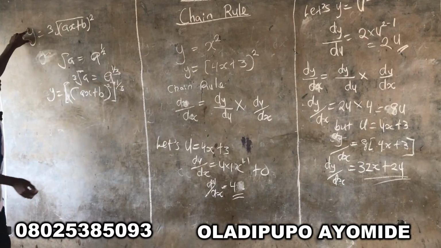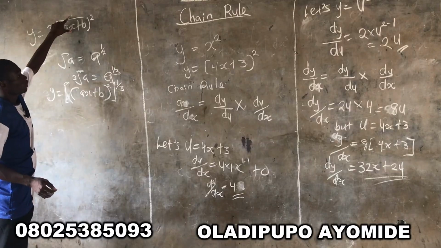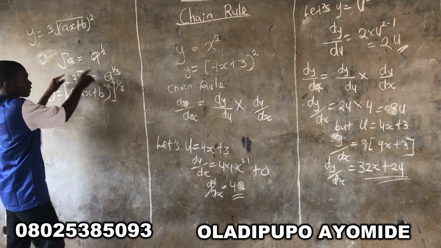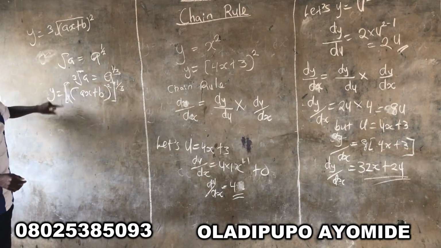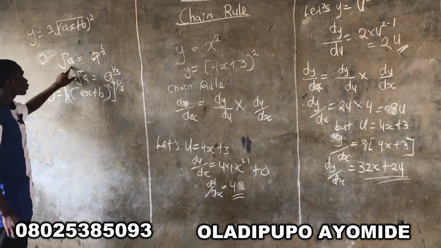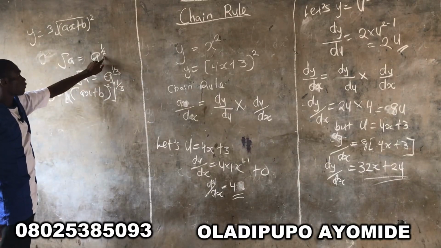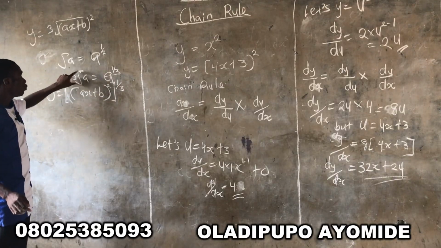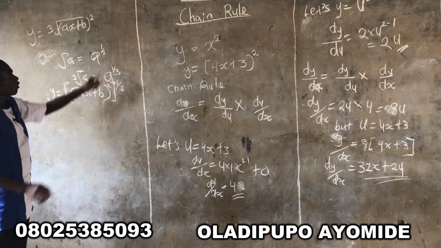I'll say it again. In order to differentiate these particular questions, we have to express them in this form, and then apply the law of indices, which is the square root of a is a raised to 1/2, whereas the cube root is a raised to 1 over 3.